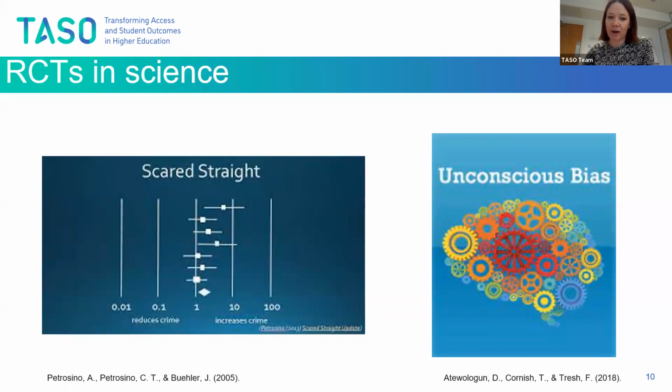And you can see examples of where it has and examples of where it hasn't. And so it's really important that we understand this causal relationship, or we build this evidence bank so that we can make more impactful decisions on the type of activity or programs that we run, but also to save money, time, and resource, right? There's just no point doing something that's costing a lot and not having the impact that we expect it to.